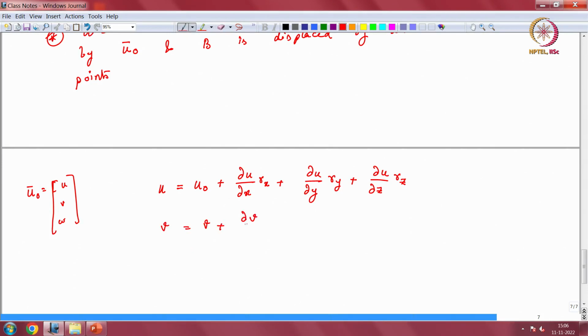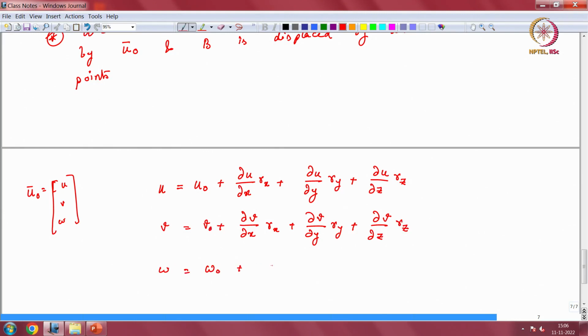So this is again del v by del x into rx plus del v by del y into ry plus del v, I'm sorry, not w, del v by del z into rz, and then w is similar.